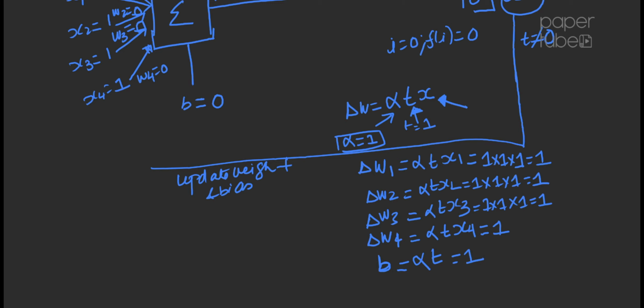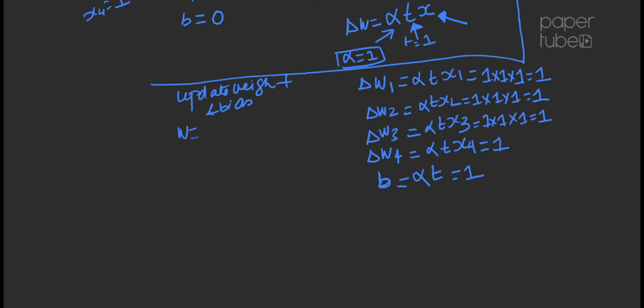So how do we update the weight? The new W is equal to delta W plus the old weight, and the new bias will be equal to the old bias plus the newly calculated bias. That's the rule. So our W1 is the change in weight, 1, plus the old weight, 0, which is equal to 1.